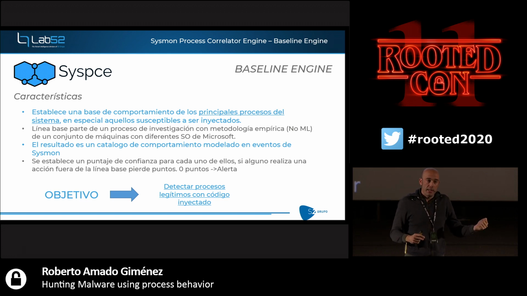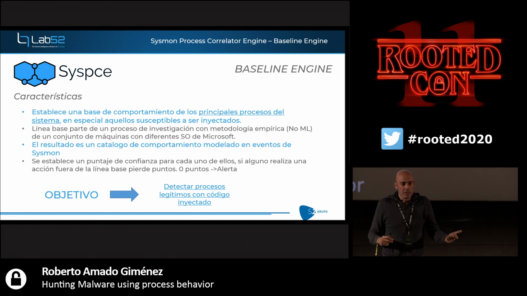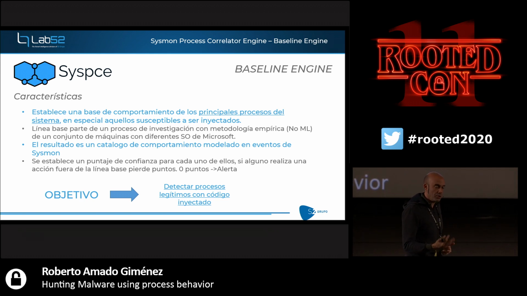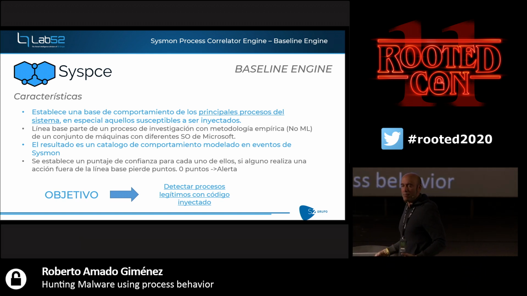If it is normal, nothing is done. And if this action is not done normally, the trust of the process is reduced by 10 points. So if the process is not normal, a deduction of points is carried out.